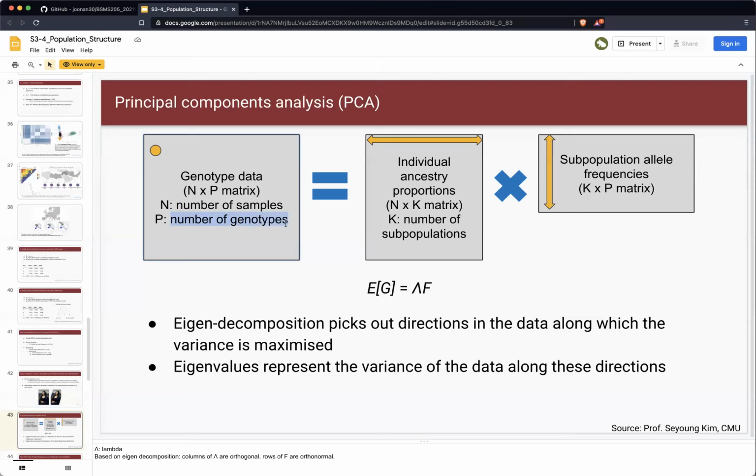This genotype data set is a combination of individual ancestry proportion times subpopulation allele frequency. So these people's genotype information is a mix of their allele frequency and also their underlying ancestry information. This is a mixture of different information in the data set.